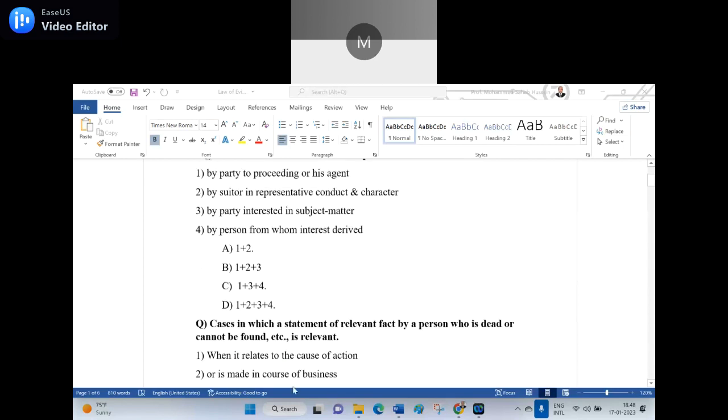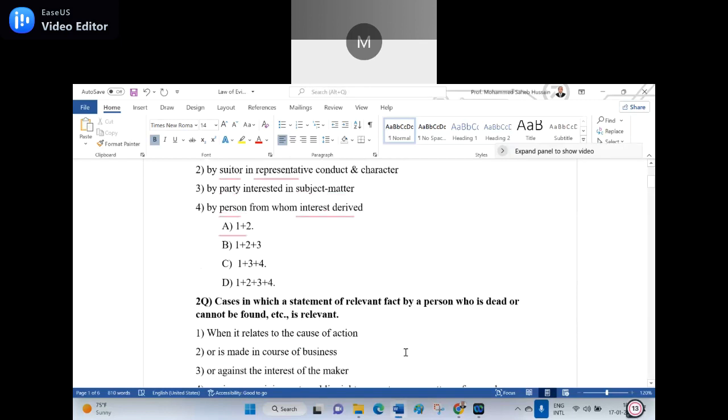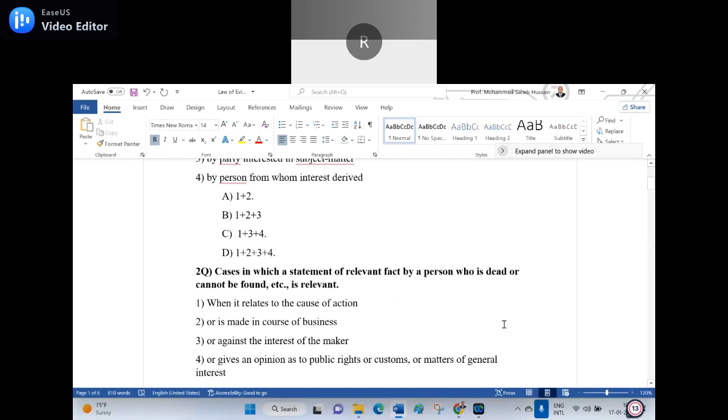The second question. Anyone can unmute and read the second question? Cases in which a statement of relevant fact by a person who is dead or cannot be found, etc., is relevant. Option 1. When it relates to the cause of action. Option 2. Or is made in course of business.